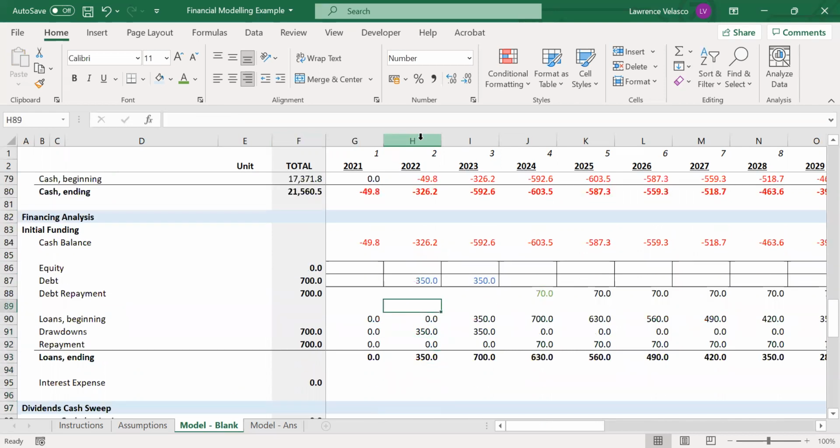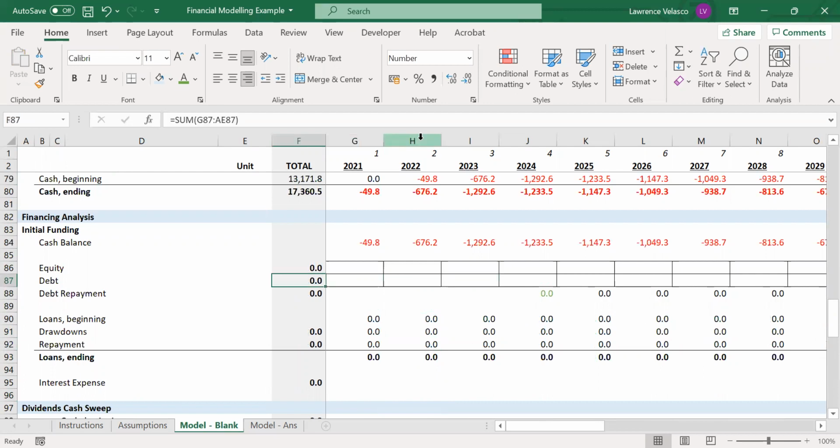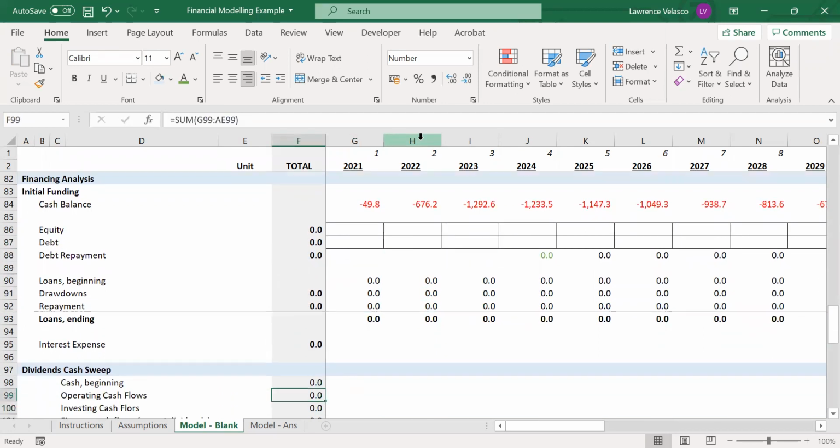Now, let's try to analyze. Without the debt, you have a funding deficit. According to your financial model, without dividends and without any debt, you have a funding deficit. What's your funding deficit?